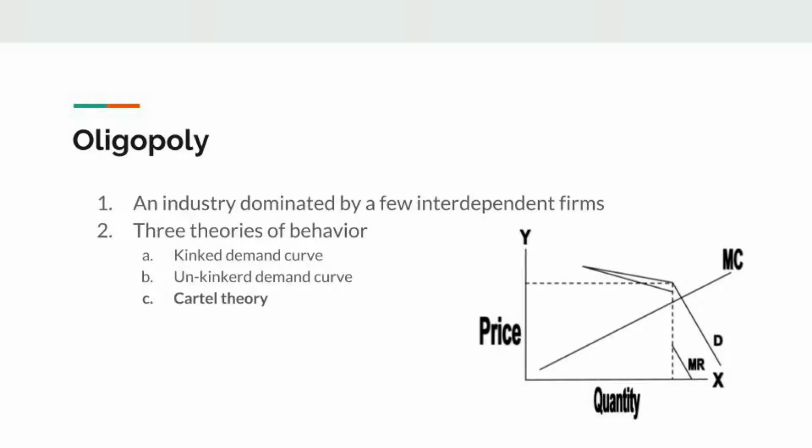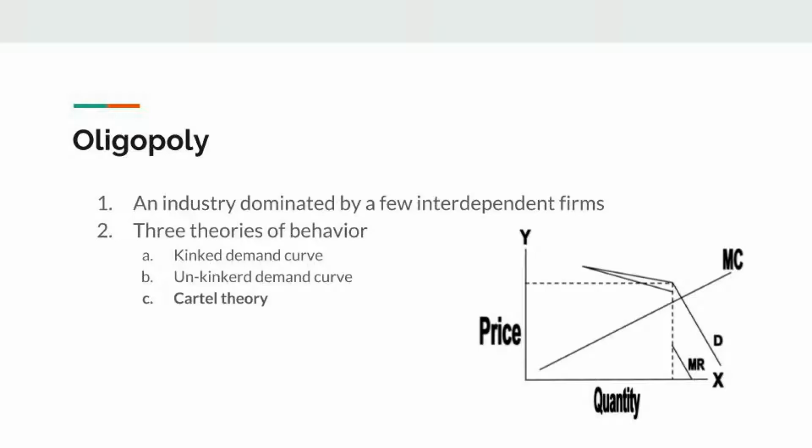An oligopoly will attempt to maximize profits, which for this theory is where the marginal cost curve passes through the marginal revenue gap. Because of this gap, there are sticky prices. This means that the marginal cost can increase but will have no effect on price or quantity because the marginal cost curve still passes through the gap.